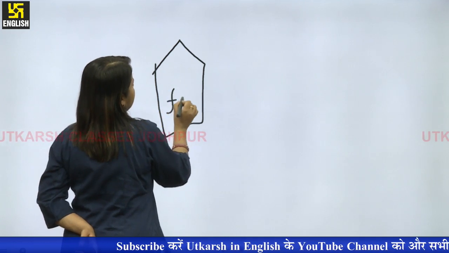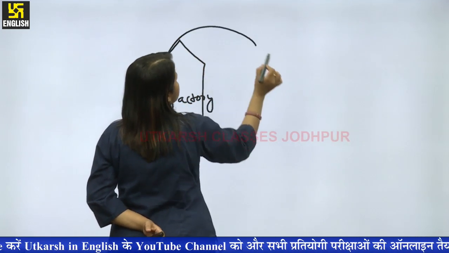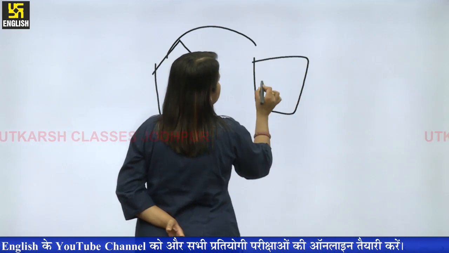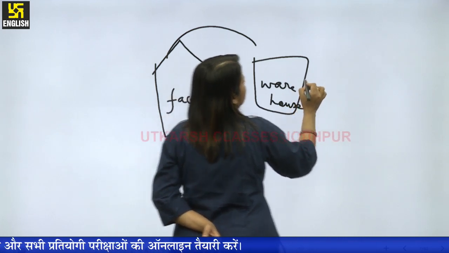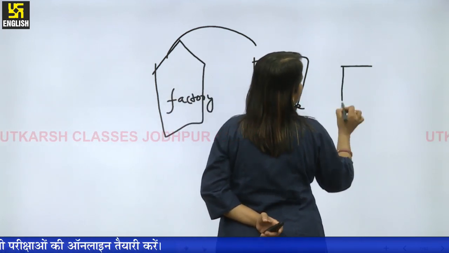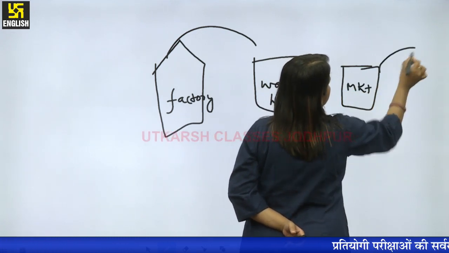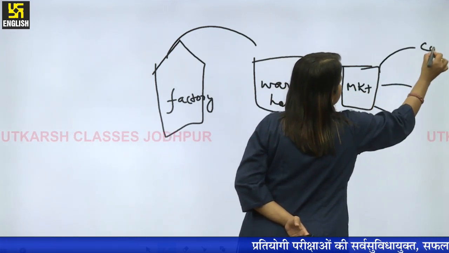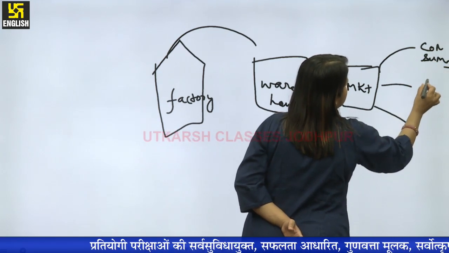This is called a factory, right? If this is a factory and the goods are going into some warehouse, this is the warehouse, and this is the market, and these are the consumers.